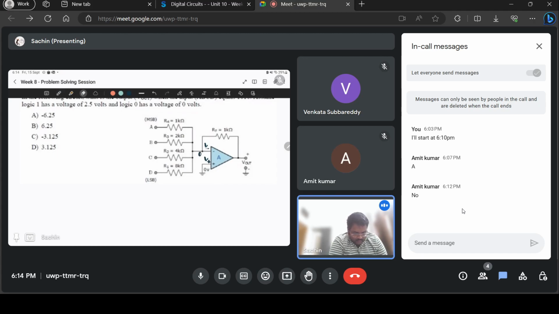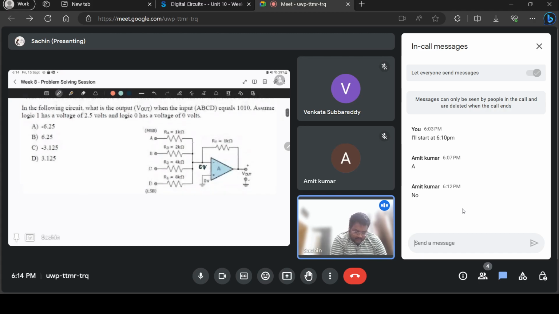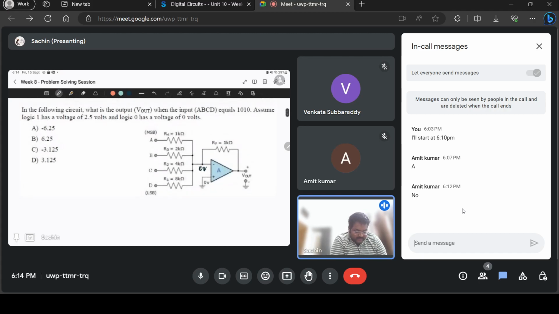So now you know the voltage at this point. This is 0 volts. And they have given ABCD equals 1010. That is, logic 1 here, logic 0 here, logic 1 here, and logic 0 here. And further, they have given that logic 1 is 2.5 volts. So they're actually connecting 2.5 volts here and 2.5 volts here.